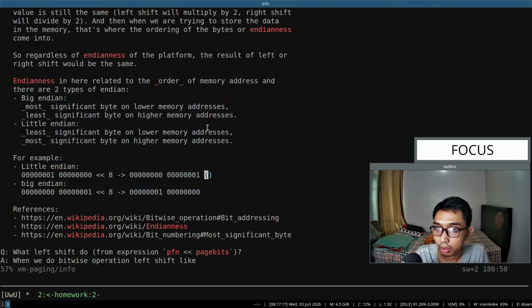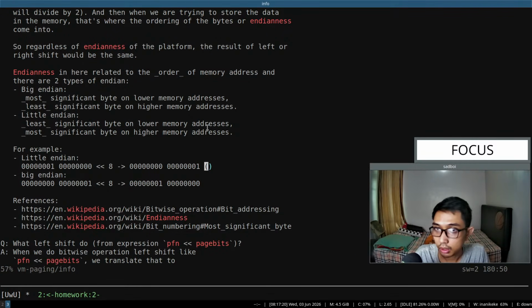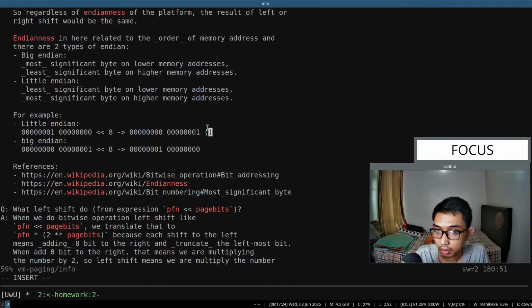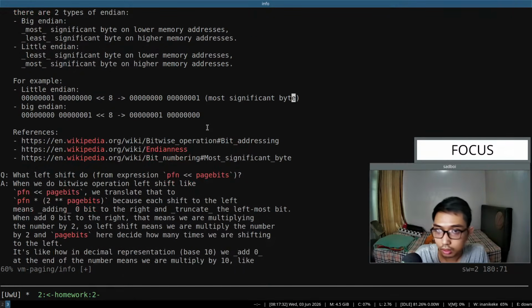We operate on the byte here. I assume this is most significant byte, and this is also most significant byte, I guess.